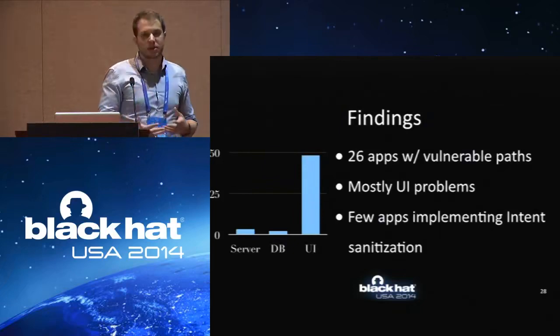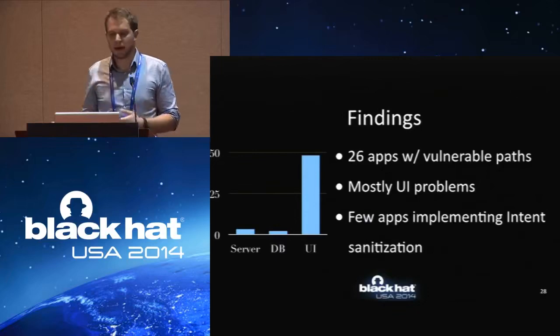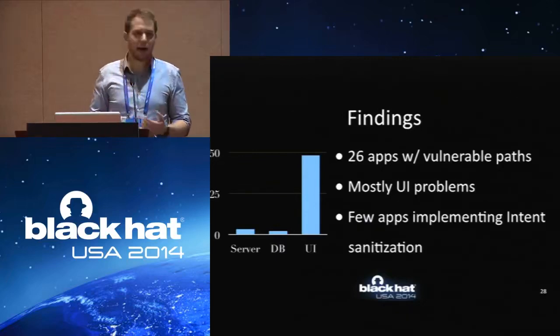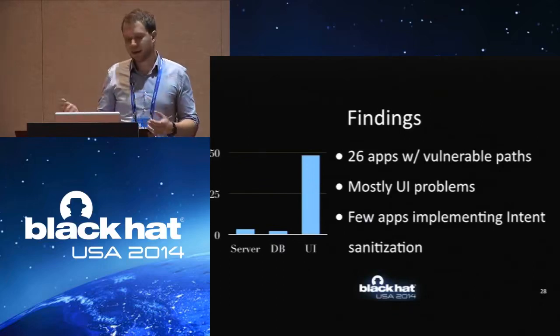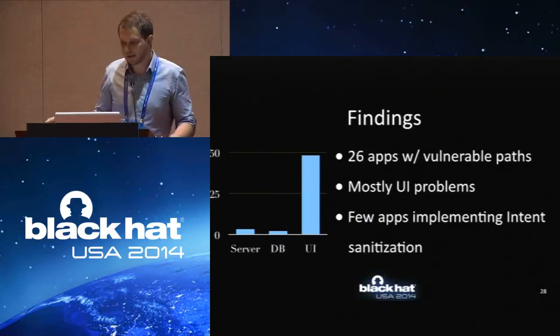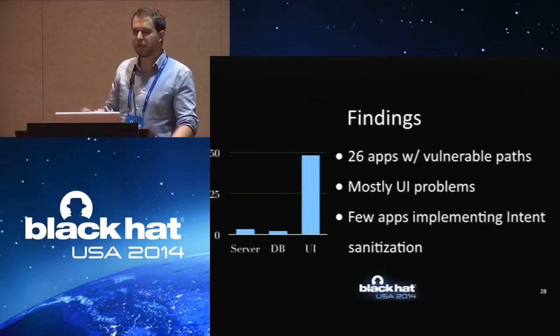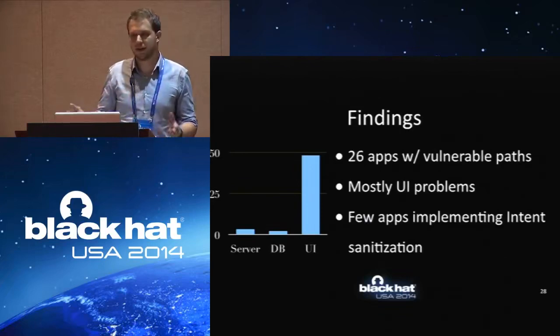And we noticed that most of these vulnerabilities were about UIs. The explanation we got about UI, and the reason why we thought UI was the most common scenario, is because, of course, compared to database and network attacks, the UI ones are limited in complexity.